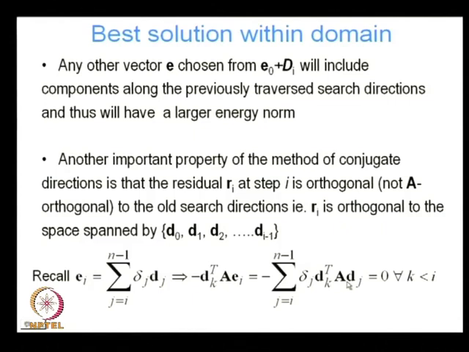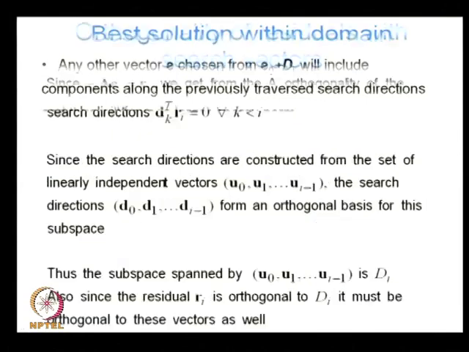So at i, the residual r_i is orthogonal to all the d_k for which k is less than i. That means it is orthogonal to all the previous search directions, right. So the residual is orthogonal to all the previous such directions.